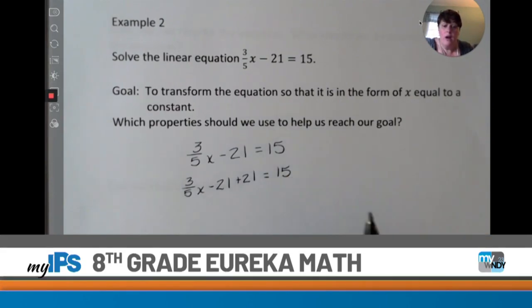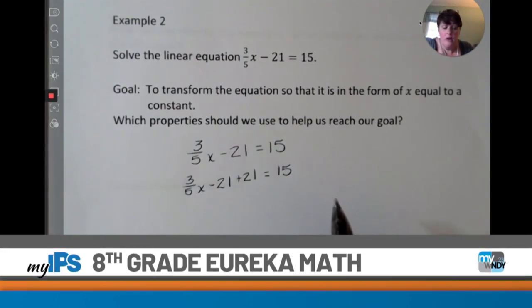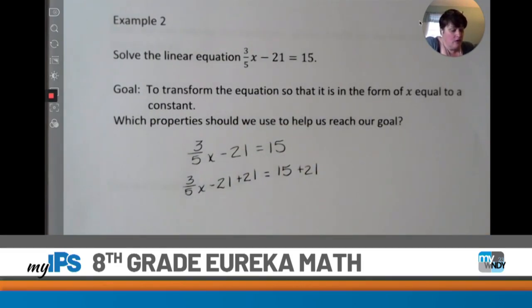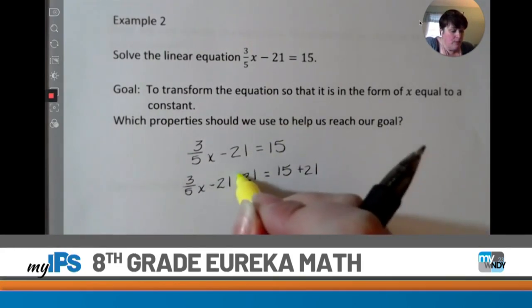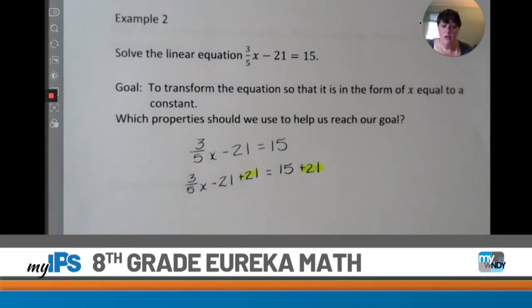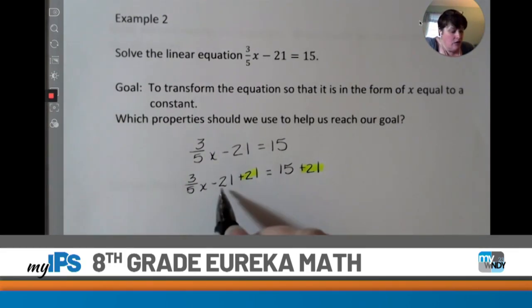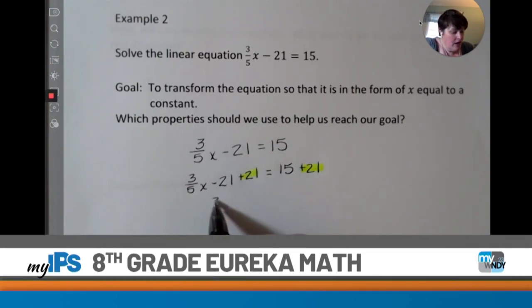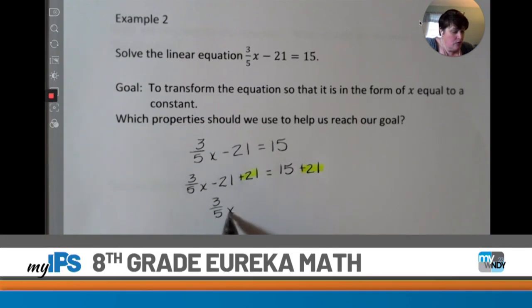Oh, but I need to use my property of equality for addition. So I need to add 21. And again, look at this, there's a 21 on both sides of the equation. That's why they're still equal. Okay, this turns into a zero pair. So 3/5 x is equal to 38. I'm sorry, 36.